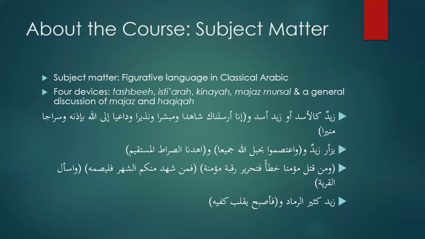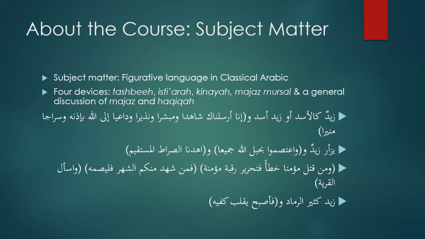If we're discussing haqiqa and majaz in this chapter, then it behooves us to ask why that's even relevant. Why is it even relevant to talk about haqiqa and majaz in a chapter that is entirely concerned with figurative language?